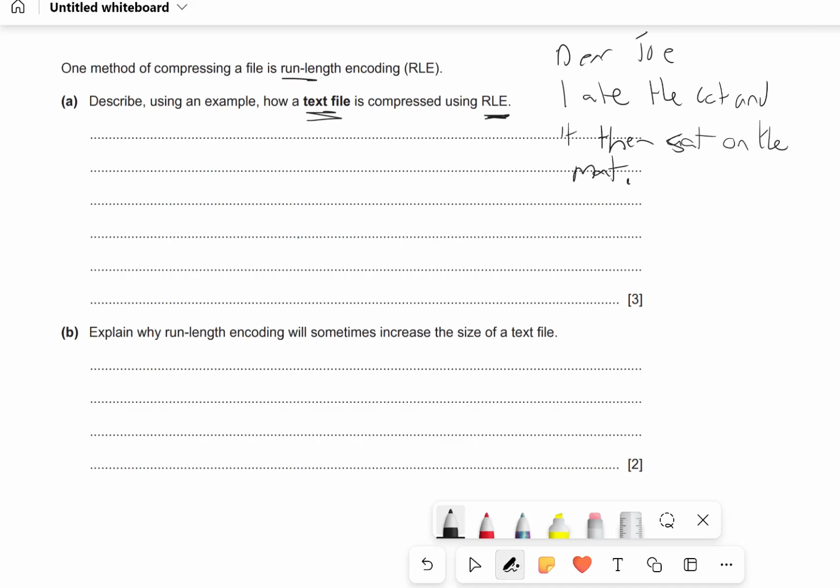So run-length encoding is basically a way for us to store patterns, so that we're not having to send all of this. It makes it smaller for us to send, and then someone else's computer can put it back to normal again.